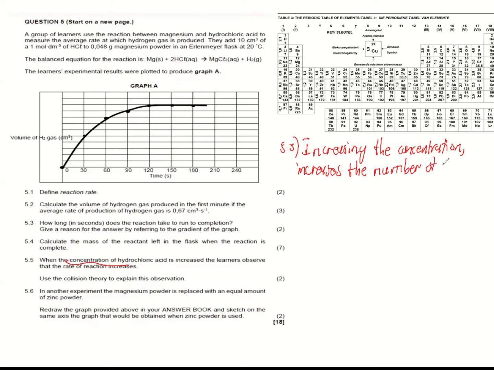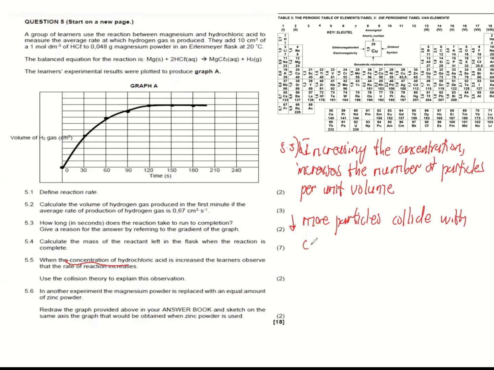The number of particles per unit volume. So that's point number 1. Then point number 2, you will say more particles collide with correct orientation.